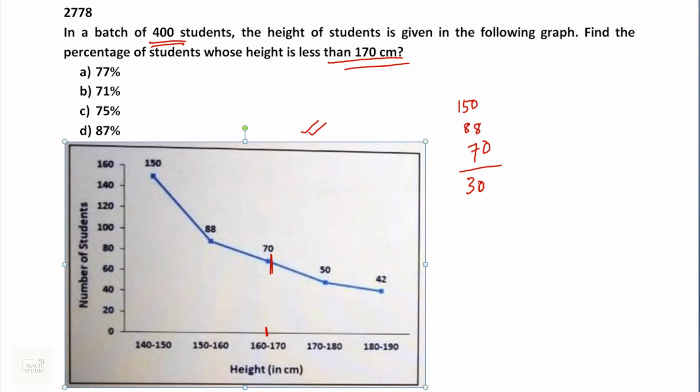That is 308. So the percentage should be 308 by 400 into 100, that is 77%. 77% of the students have height less than 170 centimeters. Option A fits in.